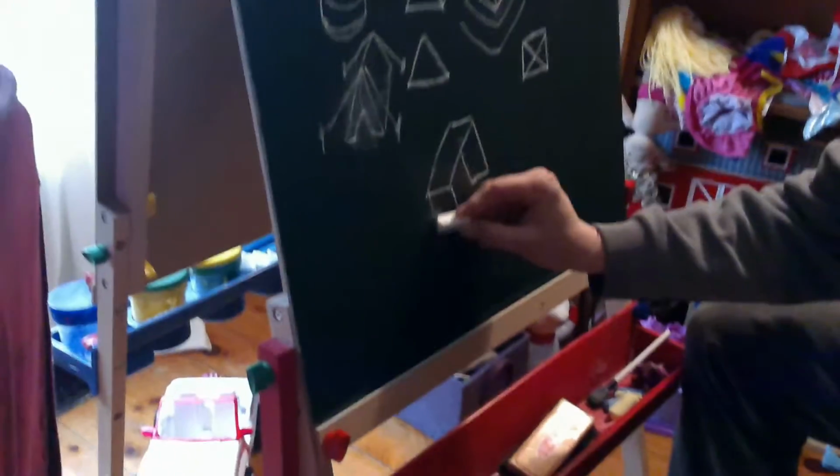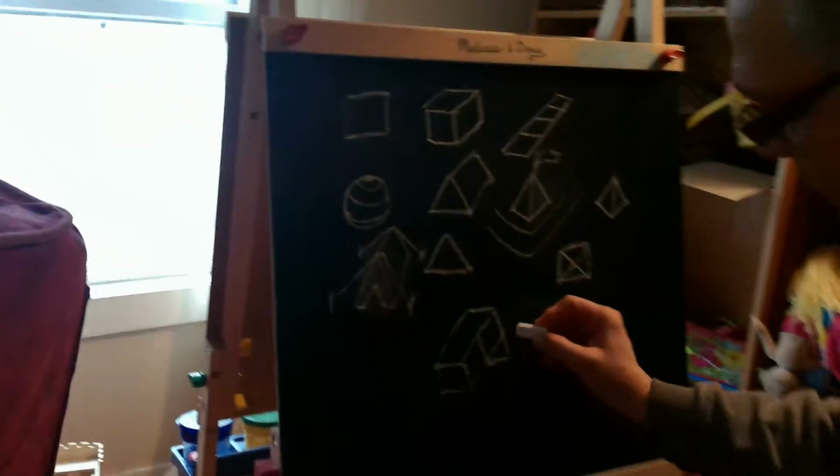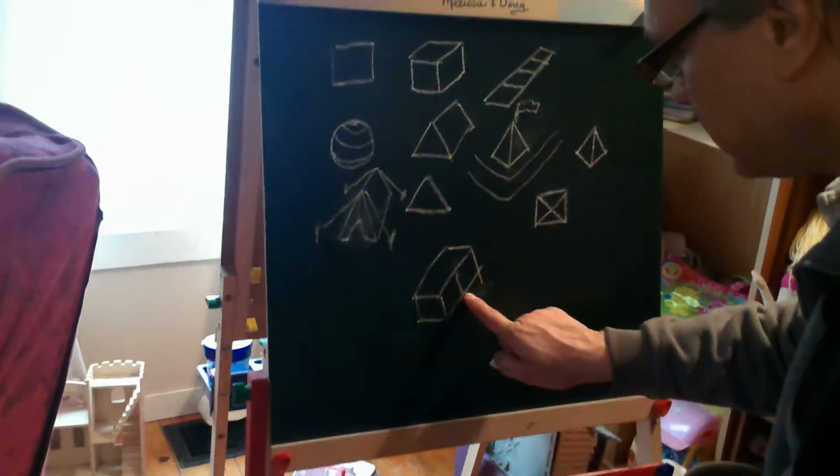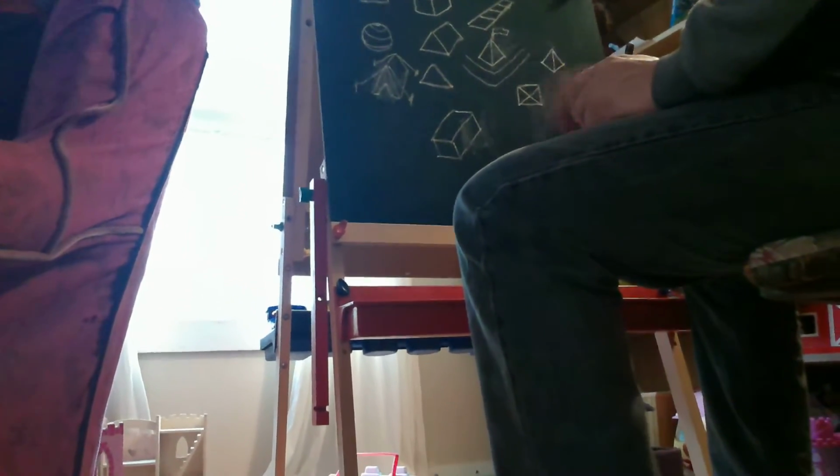Okay, now you can see that this is getting more towards a box. We could erase these lines because we decided what kind of shape we're making. It's great with chalk because you can easily erase the lines. Now you have kind of a long box.